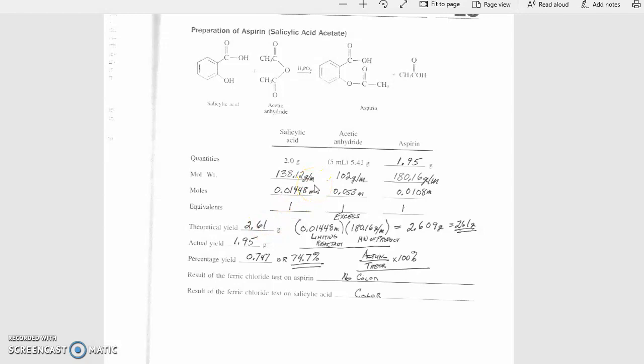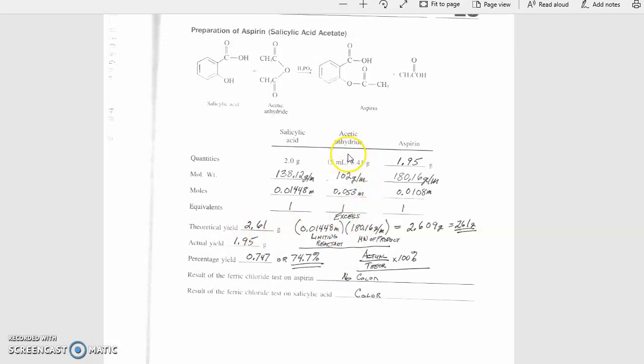So what you would do is take this number of moles times this molecular weight of this final product to tell you what the potential, the theoretical yield would be, right? So it's this number right here times this number right here to give you 2.609 grams. Many of you had vastly, vastly different numbers than this here.